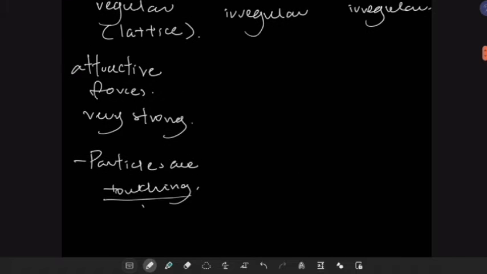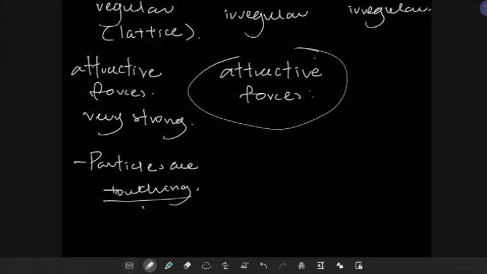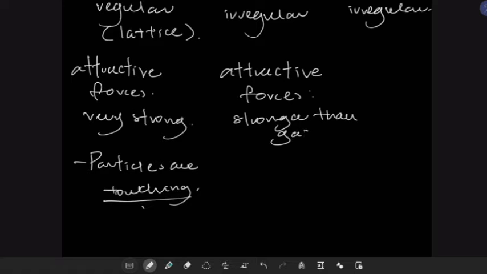Now let's move on to liquid particles. The attractive forces, that's a certain way you can express this when you talk about the liquid. You have to mention that it is stronger than gas, but it is weaker than solid.